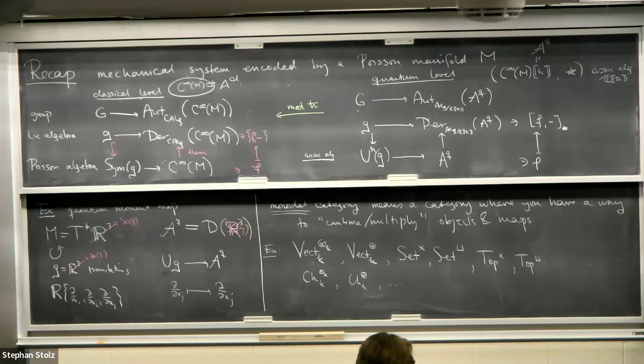For each open set U in M, I have some object F of U in the category C. So maybe let me start my examples so this makes sense.